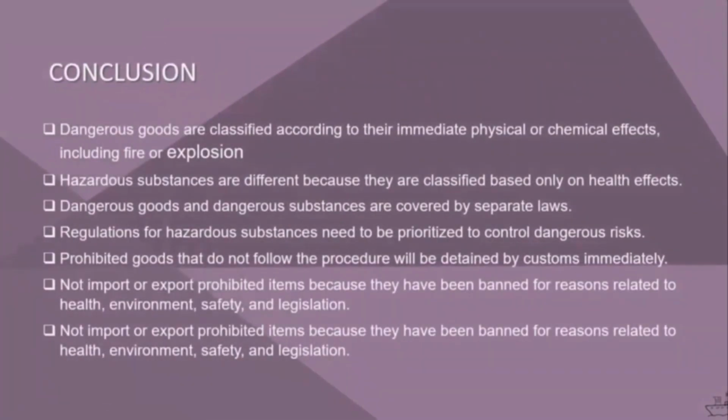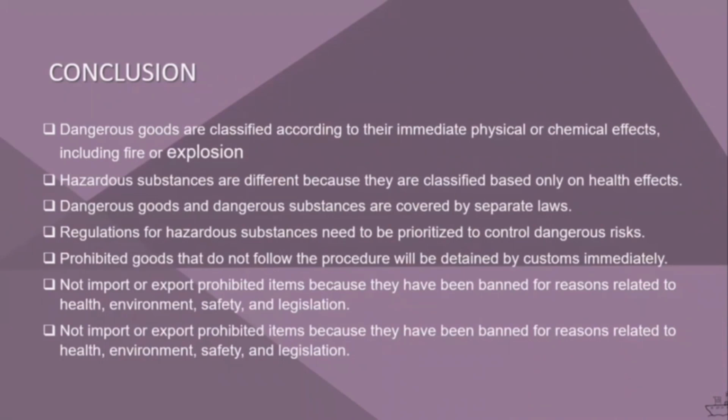So the conclusion, dangerous goods are classified according to their immediate physical or chemical effects, including fire or explosion. And hazardous substances are different because they are classified based only on health effects.